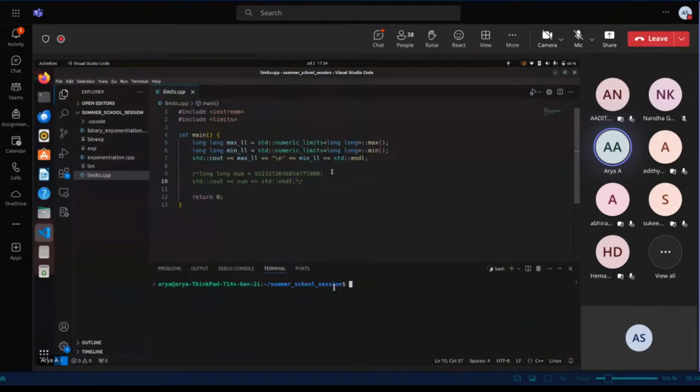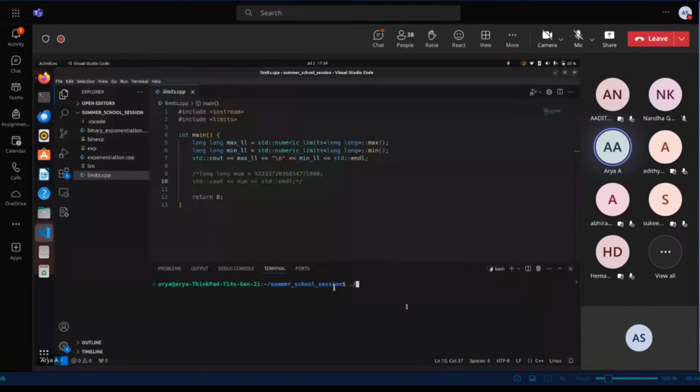This is a code that will give you the maximum value and the minimum value that can be stored in a particular data type. This code itself is not very useful for us right now, so you need not try to understand it. Let me just run this code.